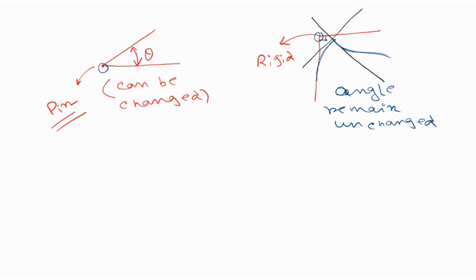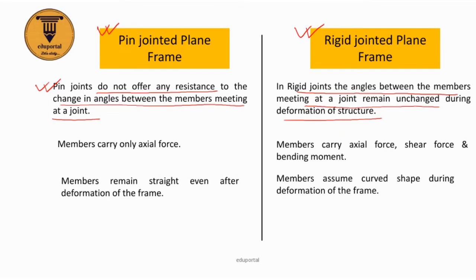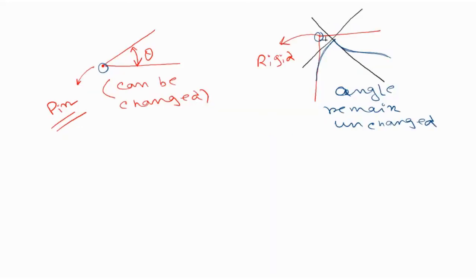Now the second difference is that pin jointed plane frame members carry only axial force. In case of rigid joints, members carry axial force, shear force and bending moment. So in a pin joint, suppose this is the member, it will carry only axial force.